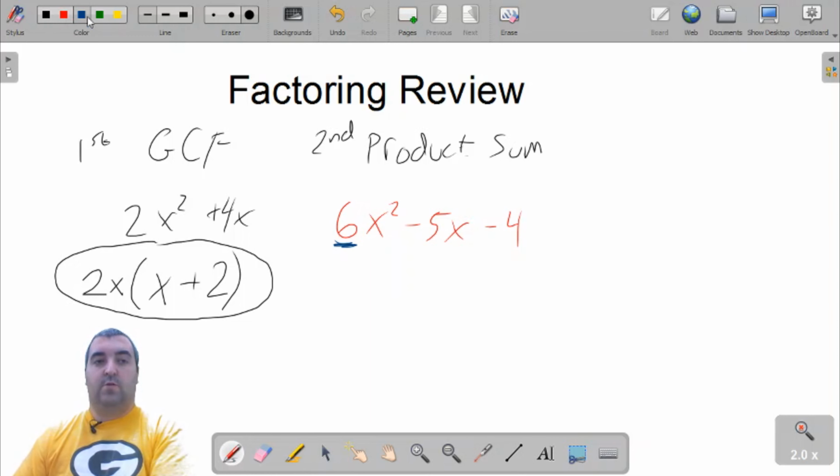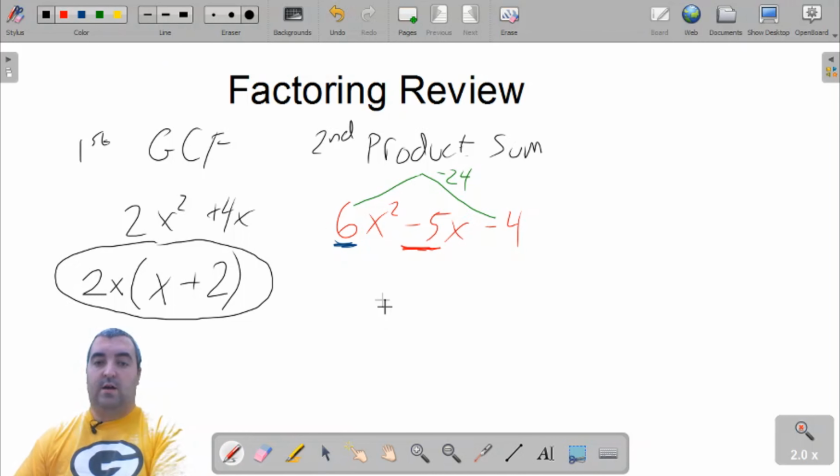Okay? So for product sum, what you need to do is you take your a value and your c value and you multiply them together. So 6 times negative 4 is negative 24. And then you take this middle term, the one with the x, and that's going to be your sum.